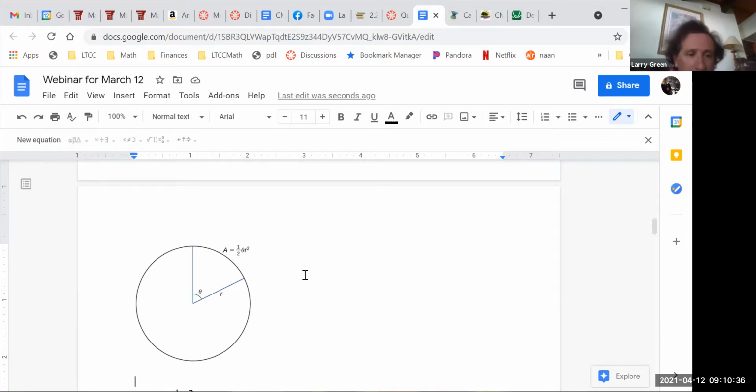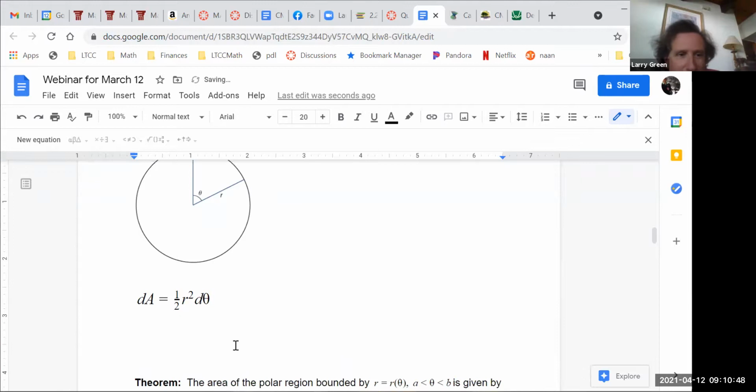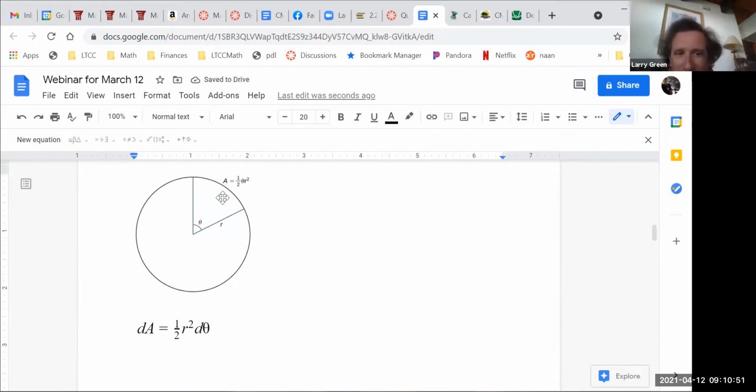Now we can treat theta as a tiny little theta instead of a big theta. If you treat it as a tiny little theta, then A is going to be tiny also. And we can say dA equals 1/2 r squared d theta.